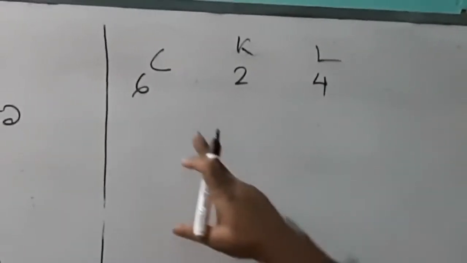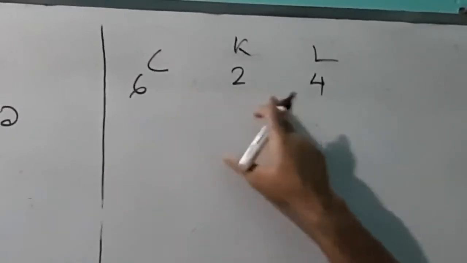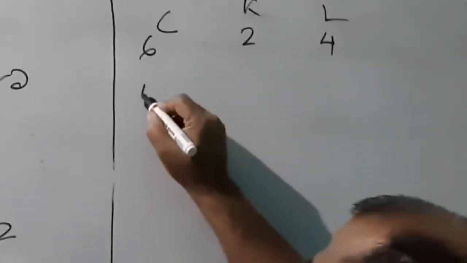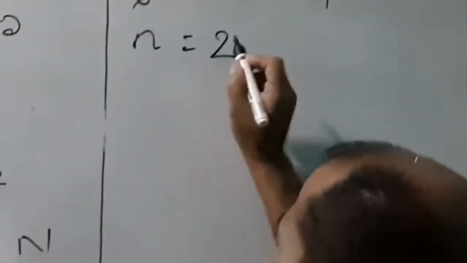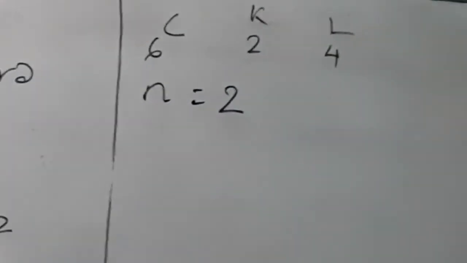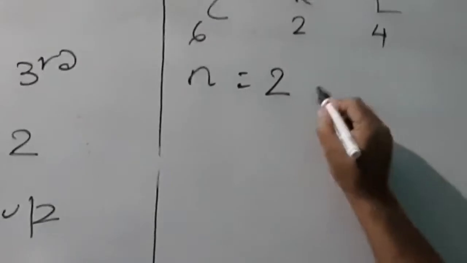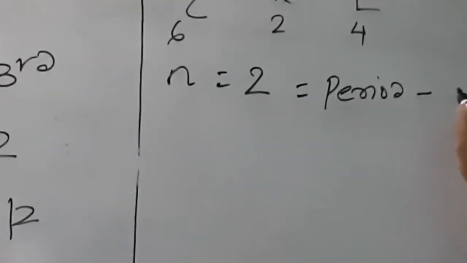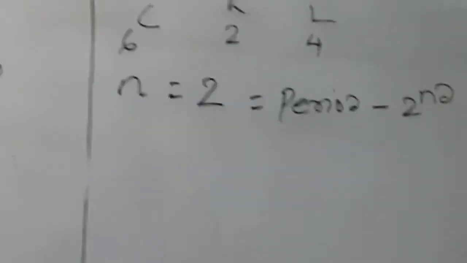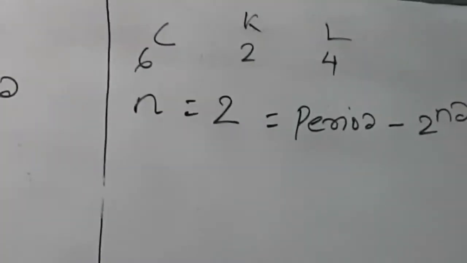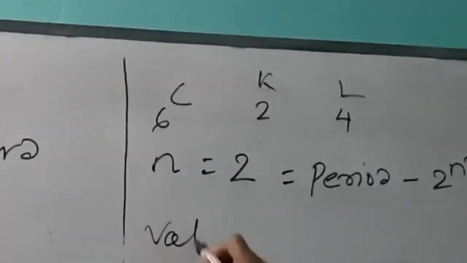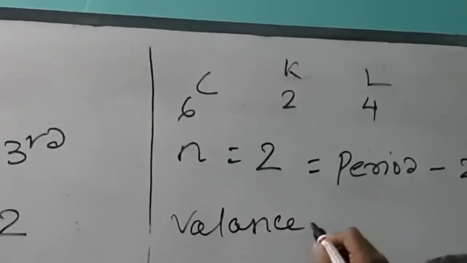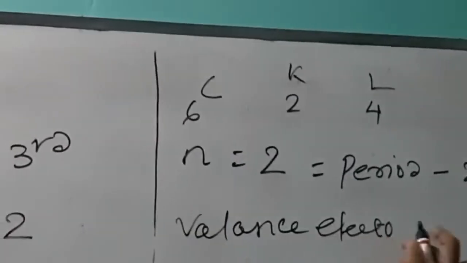How many shells are involved? 2. So the period is the second period. Carbon belongs to the second period. Now valence electron, how many valence electrons?